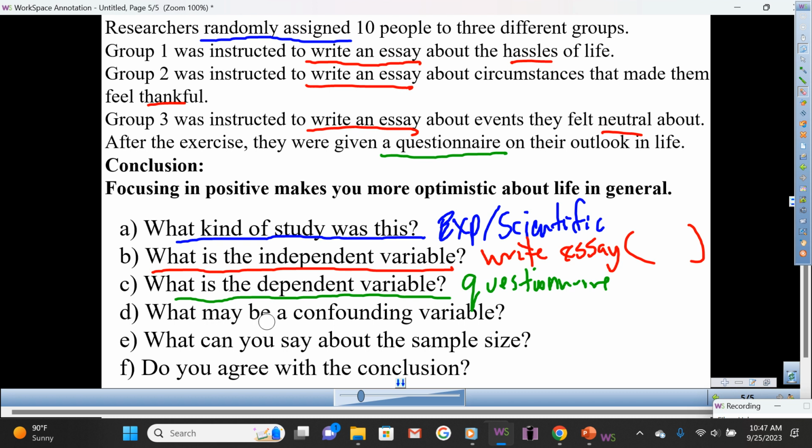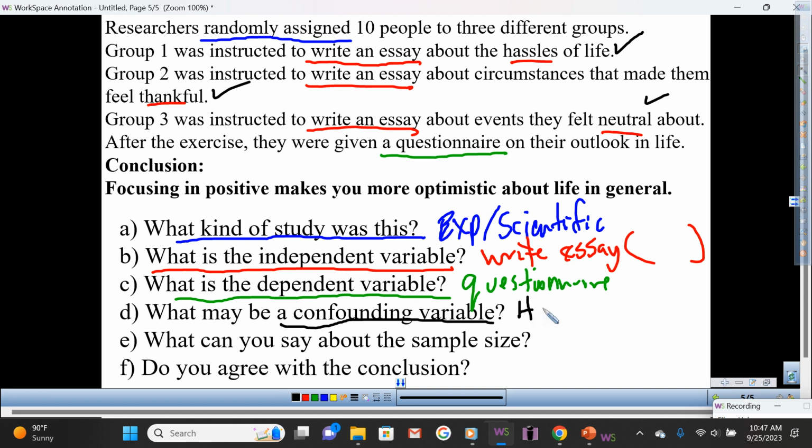Question. What may be a confounding variable? What could affect it that wasn't really paid attention to? What could affect the outcome? Look at it. One of them is writing about hassles of life, another group about being thankful, another group about neutral. What do you think would be a confounding variable?